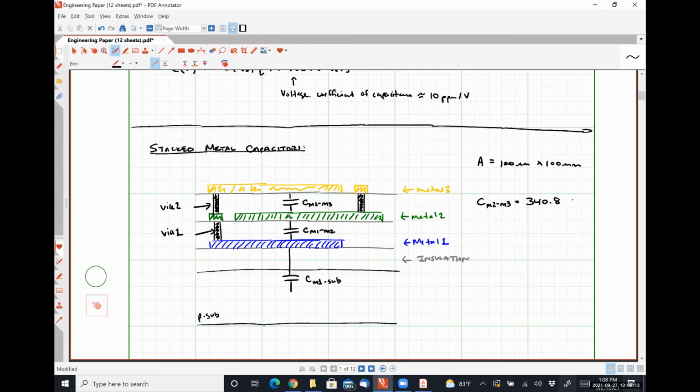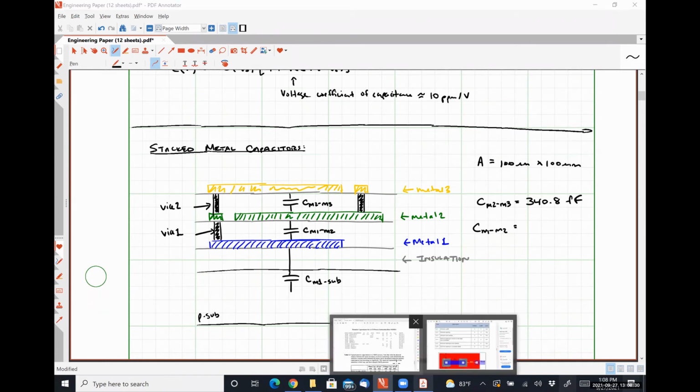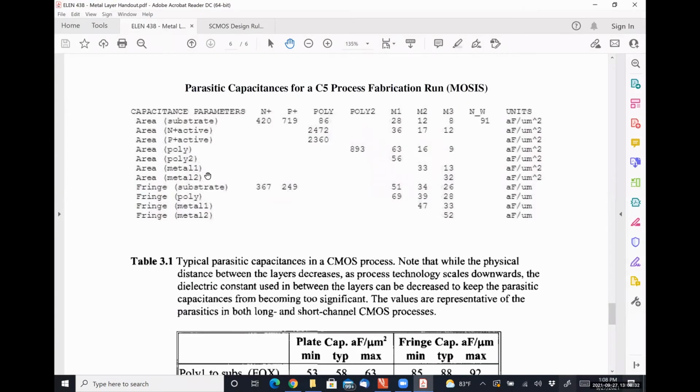340.8 femtofarads observed between the metal 2 and metal 3 layers. Between the metal 1 and metal 2 layers, let's look back at what we have over here. So between metal 1 and metal 2, we have 33 times that 100 squared.